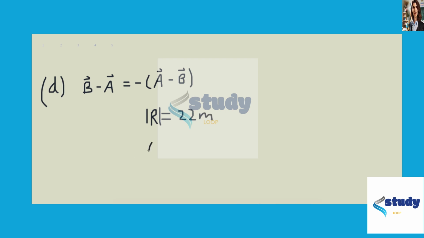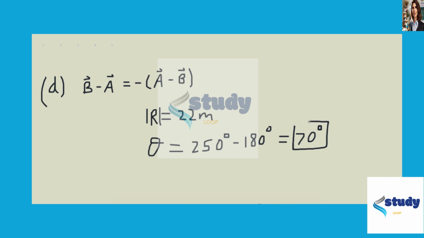And then theta, again, that negative sign is going to flip it 180 degrees. So this flip of 180 degrees is going to switch it from being negative back to positive. So we have to take 250 degrees and then subtract 180 from it. And this is equal to 70 degrees. We can box that in as our solution for the angle.